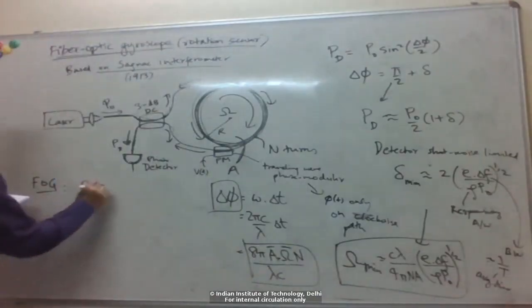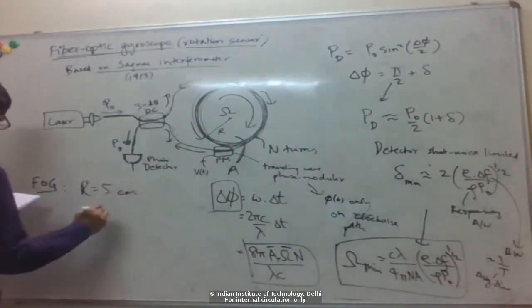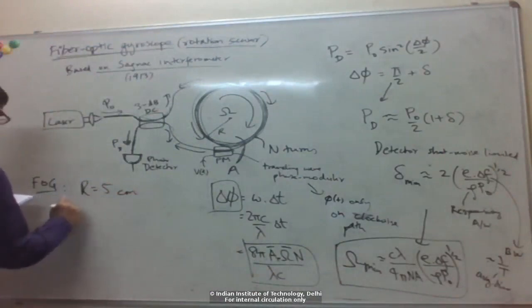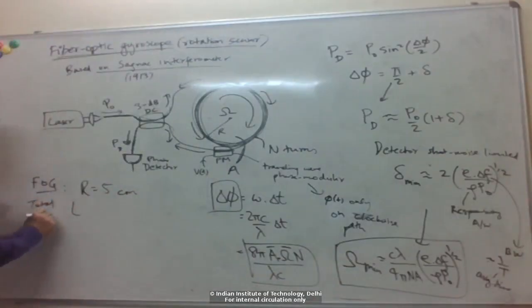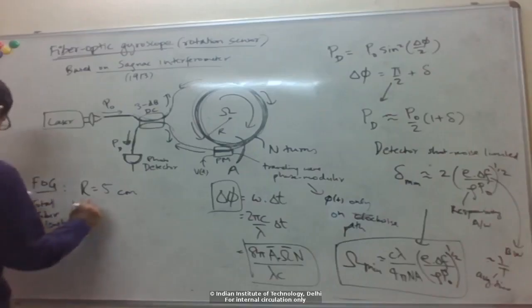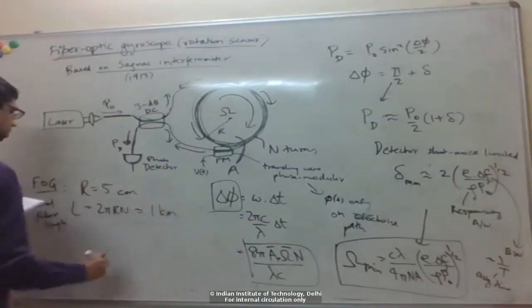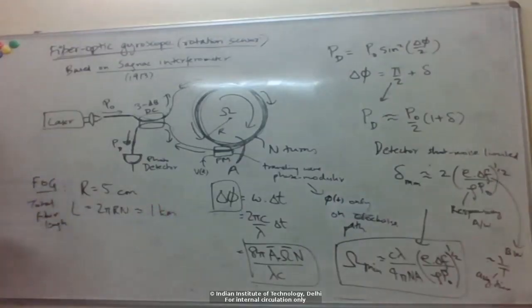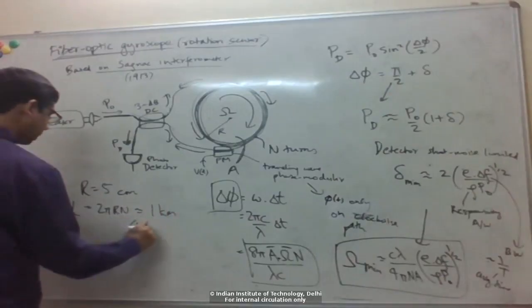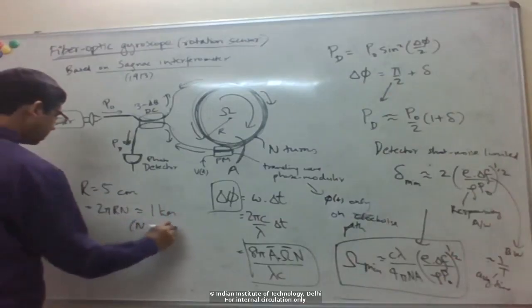Let's assume a 5 centimeter loop. The total fiber length, 2 pi r times n, let's assume to be 1 kilometer. So I think n comes out to be 3000 something.